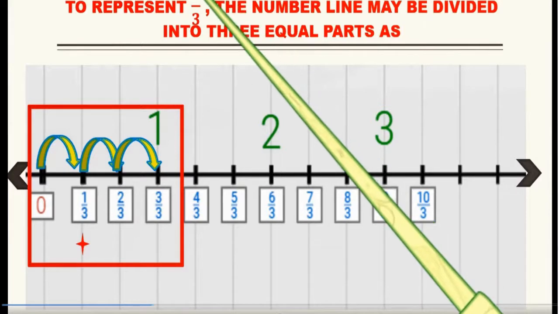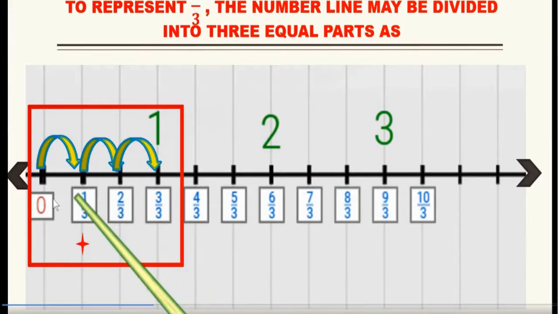The numerator 1 represents the first part from 0, that is 1 by 3. Now what is the second part from 0? It is 2 by 3. And the third part from 0 is 3 by 3. So the number line between 0 and 1 is divided into 3 equal parts.